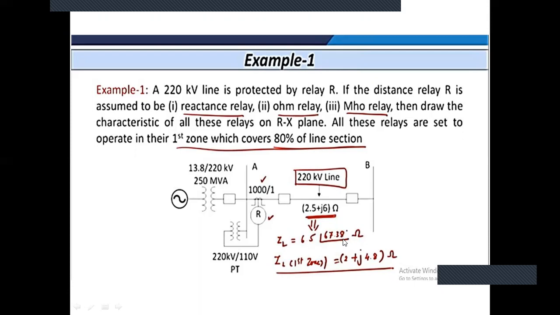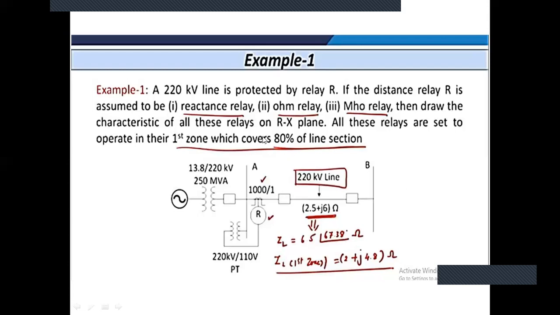As it is given that the first zone of the relay, of any type of characteristic, covers 80%, if I take 80% of this value, then we have the first zone impedance, which is 80% of this value, that is 2 ohm plus j4.8 ohm.